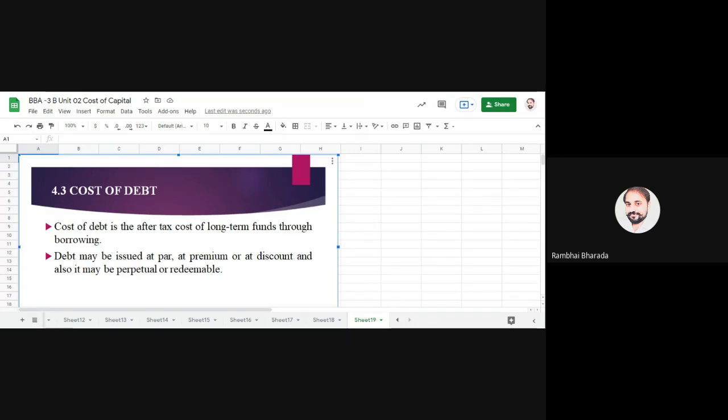Okay, dividend. What about preference shares? They are also getting the dividend. Both are getting the dividends, whether it is equity or preference. Now, from where we are generating this dividend?